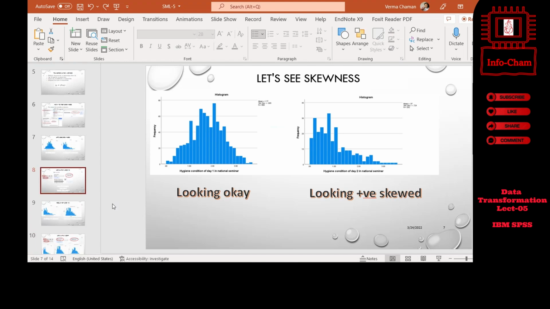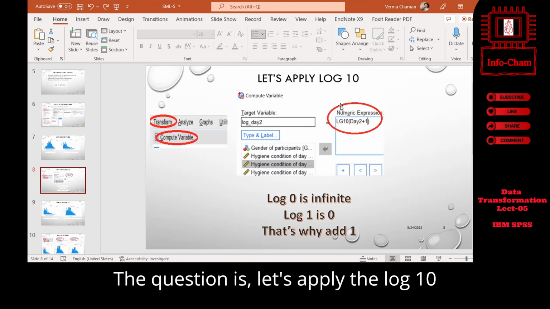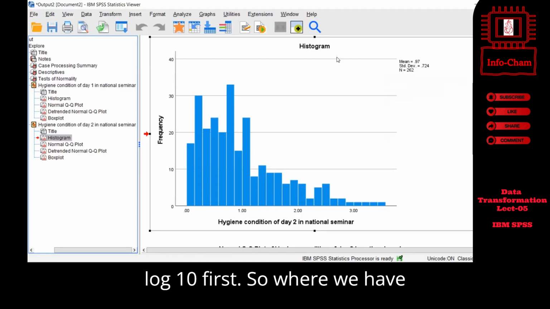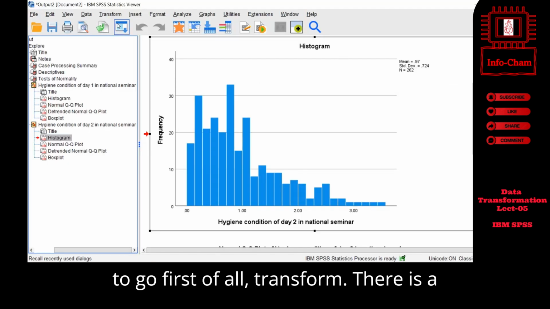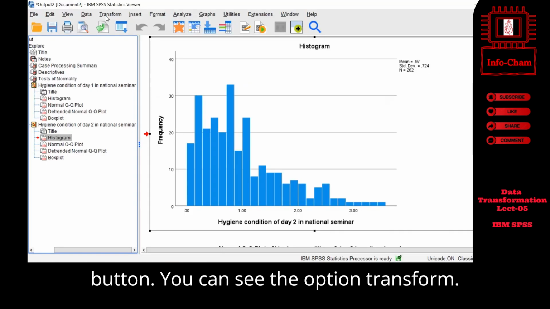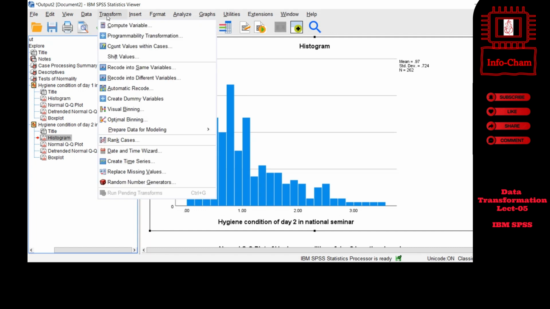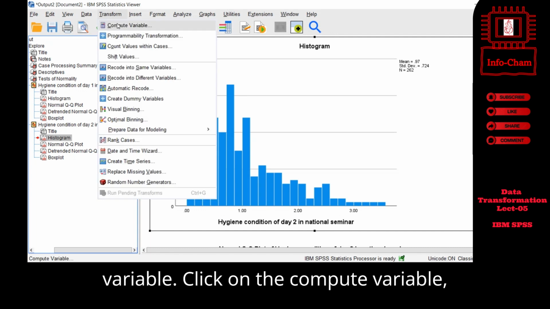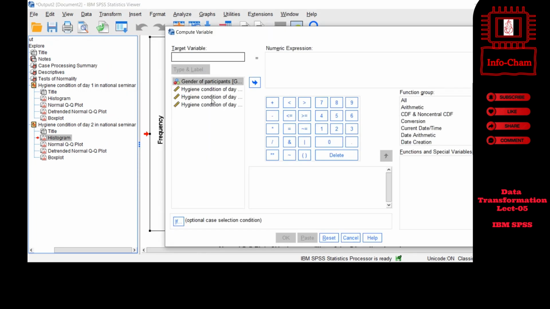So now the question is, let's apply the log 10 first, right? Where do we have to go first of all? Transform. There is a button, you can see the option Transform. In Transform, you have to make a new variable. Click on Compute Variable, right?